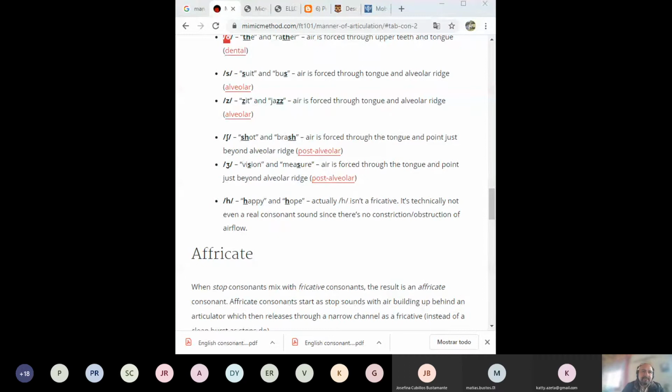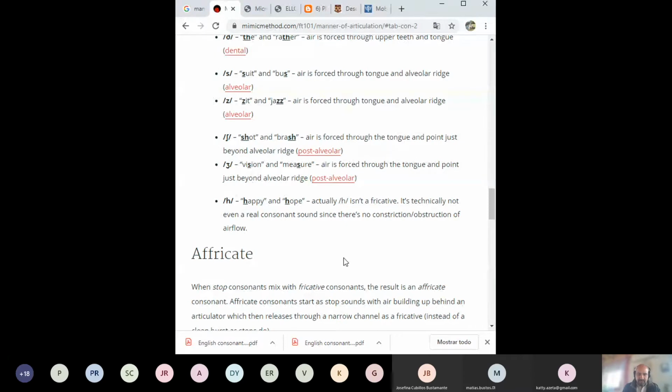When you say zzz, you actually can perceive, right, the vibration, which is caused by this really small room you leave for the airflow to leave the oral cavity. But when you say happy, hope, we're not actually conscious about this specific constriction, right, or obstruction of the airflow, as you can read here in the website.